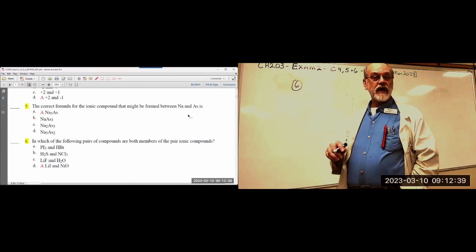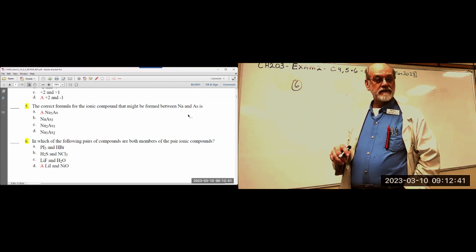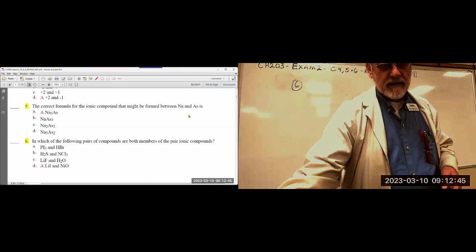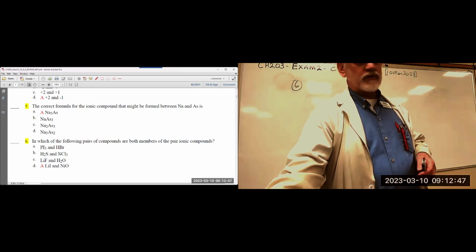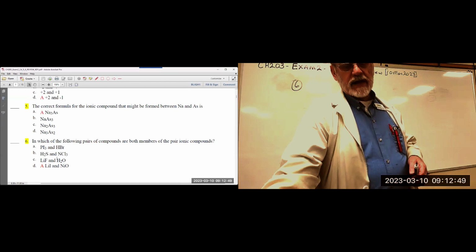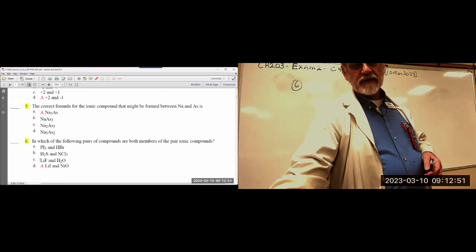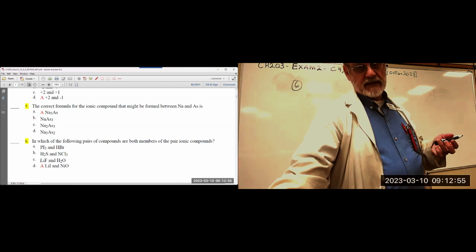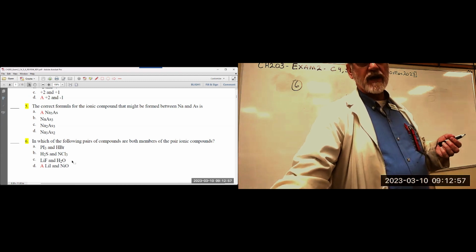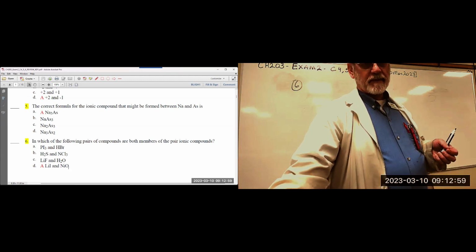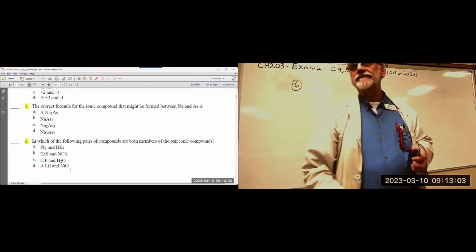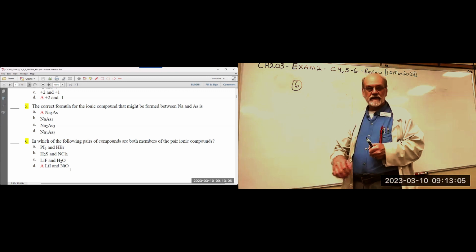Phosphorus and iodine are both nonmetals, so they can't be A. Nitrogen and chlorine, they're both nonmetals. Hydrogen and oxygen, lithium and fluorine, that's an ionic compound, but water's not. So lithium and iodine and nickel and oxygen, that has to be it, where you've got a metal and a nonmetal together.